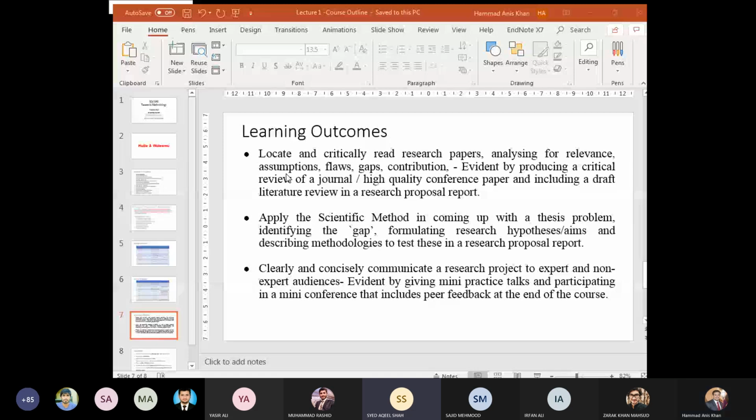Yes, sir. I have heard about a software. I don't remember its name, but I have heard that by coding in that software you can prepare a research paper. So we are not doing that software, right, sir? No, we will not be doing that software. Yes, there is a coding way of writing your thesis, and unfortunately, we won't be touching that.